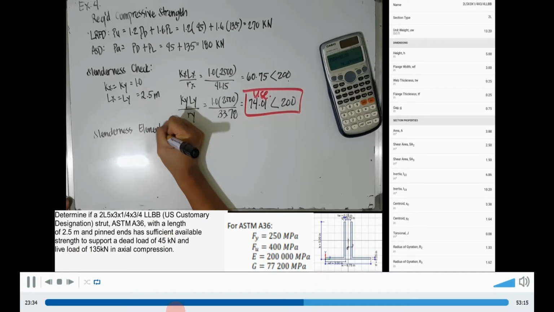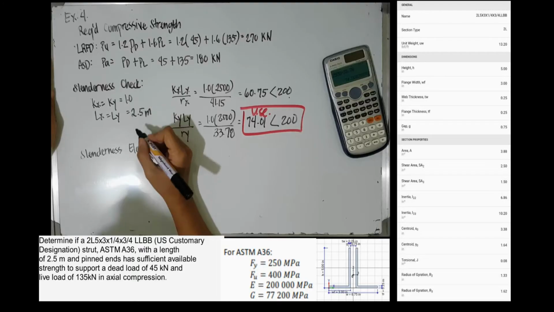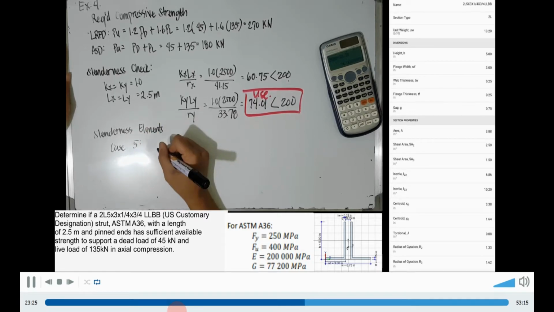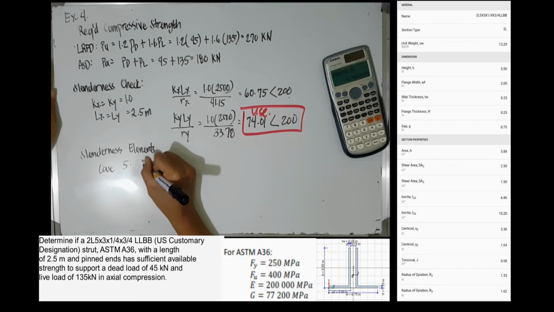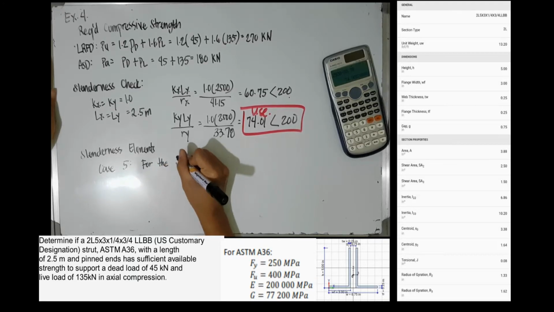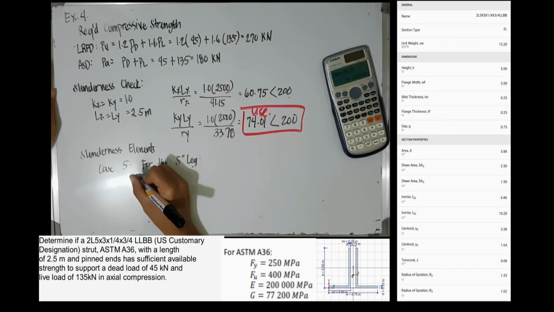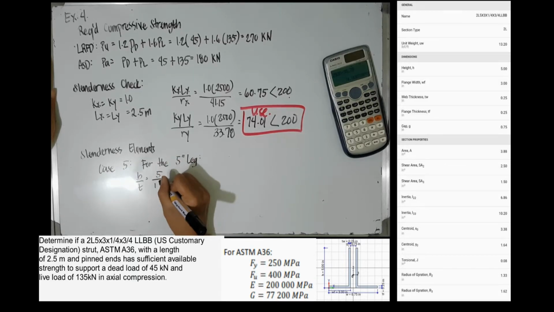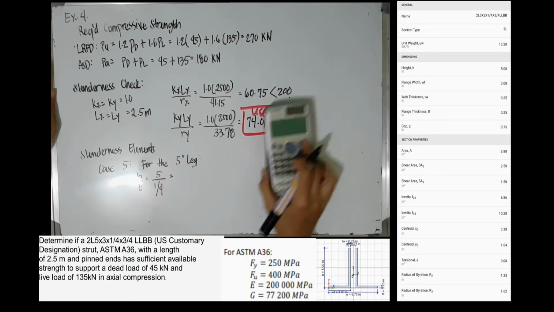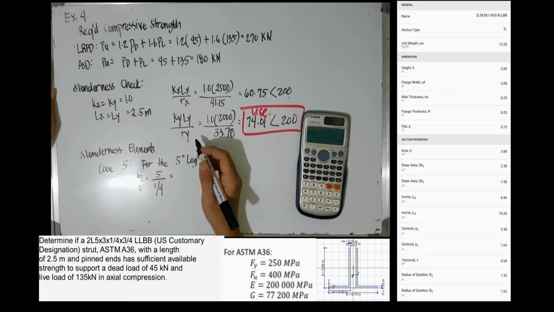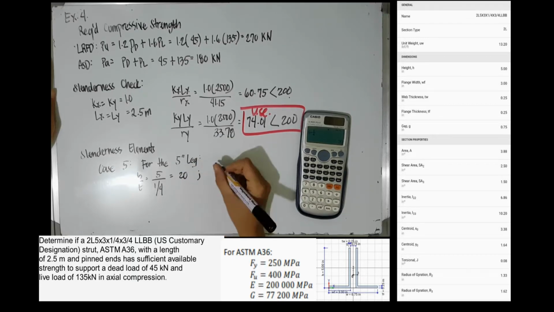So for the slender element, since the section is not symmetry sa legs nyo, or I mean the leg sizes are different, we will compute the width thickness ratio separately. So for the 5 inches leg, the width thickness ratio, so the flange width is 5 inches and the thickness is 1/4, so it is equal to 20.